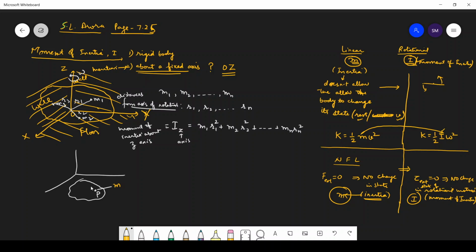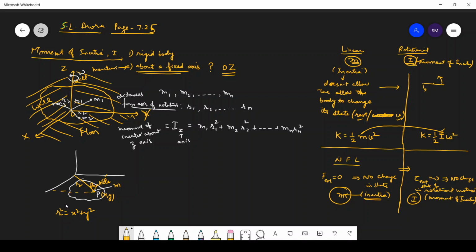This particle P is at a distance r, and its coordinates are x, y. You know that r square is equals to x square plus y square. Yes, these are your coordinates.